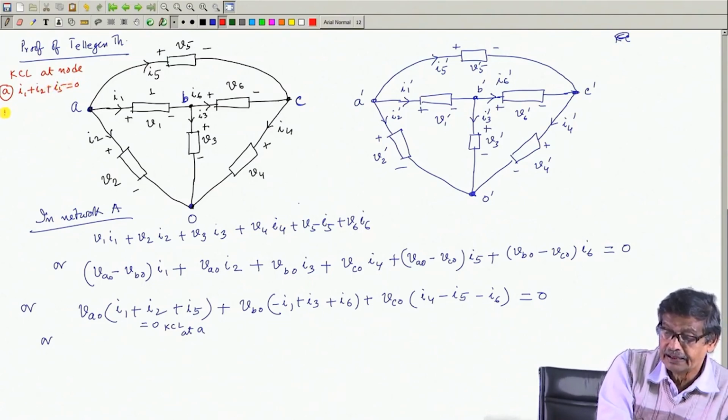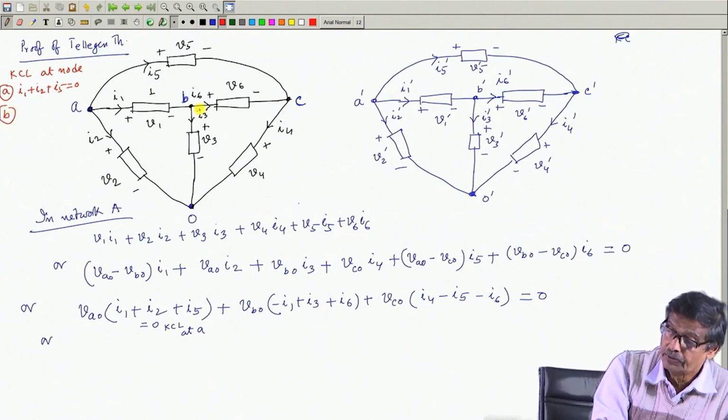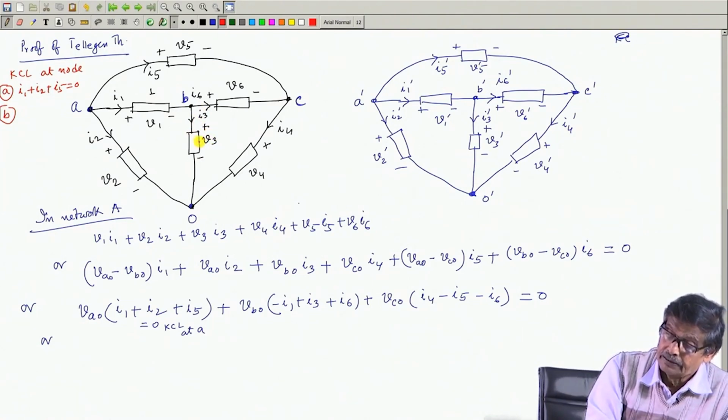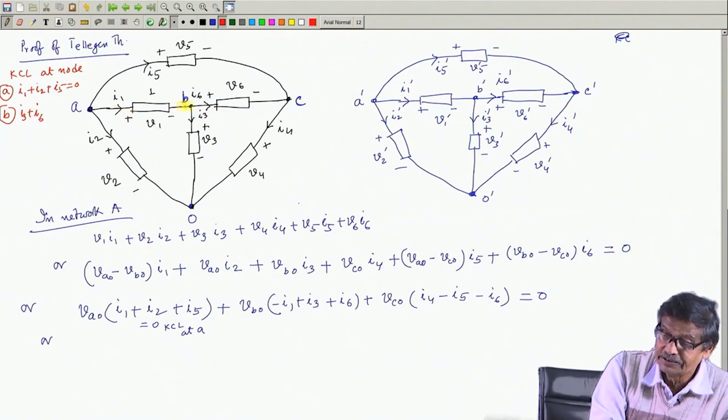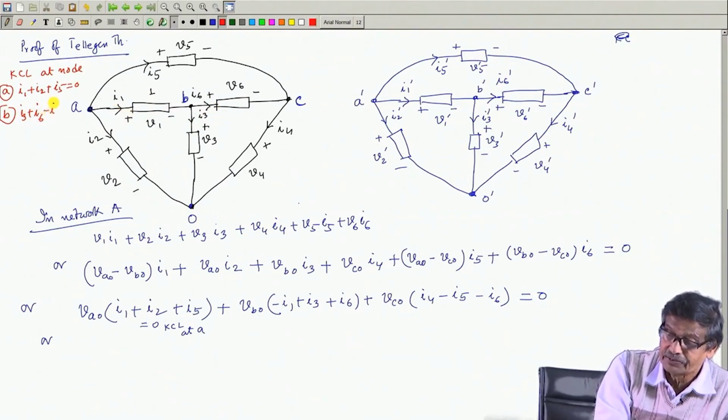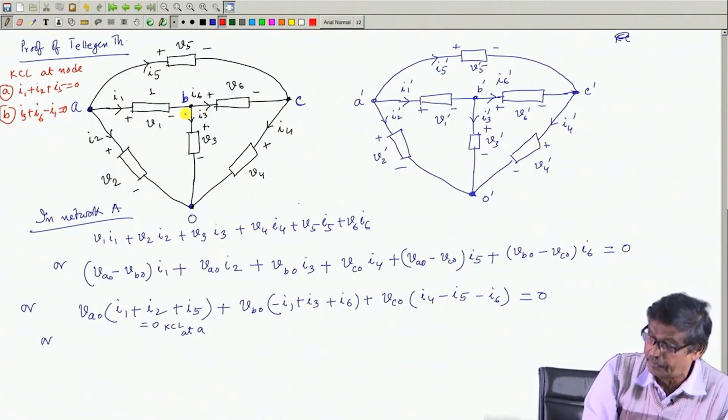KCL at node B, what is there? At node B, I3 plus I6 going out, and I1 is coming in. So, minus I1, this must be 0, that is I3 plus I6 is I1.